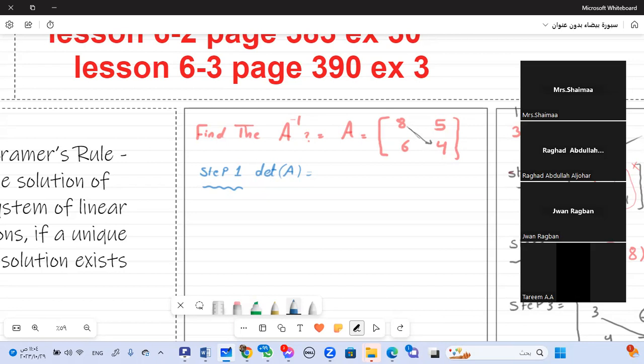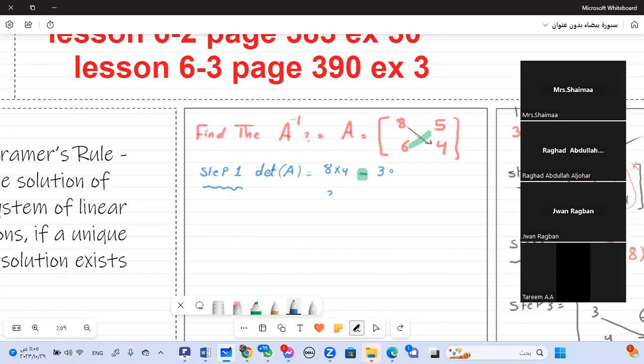What about the determinant? It is the product of the diagonal: 8 multiplied by 4, minus the other diagonal, 6 multiplied by 5, which is directly 30.